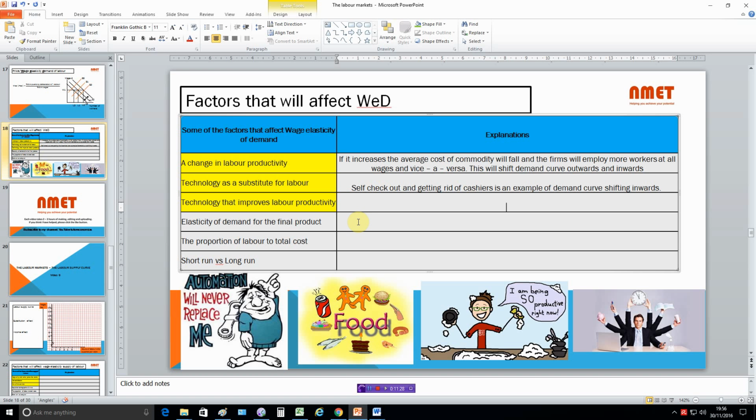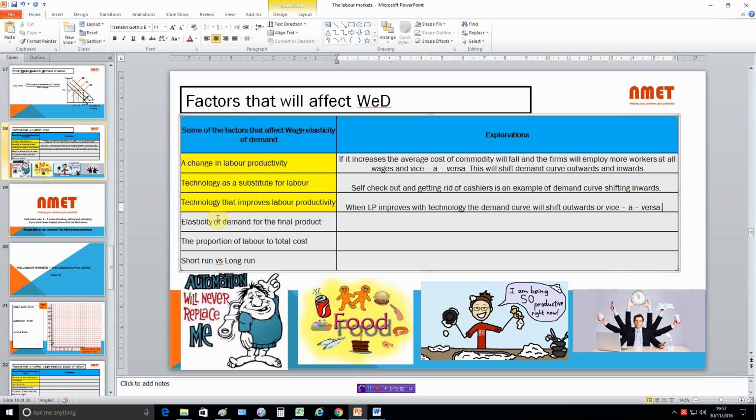Outwards. LP stands for labor productivity.